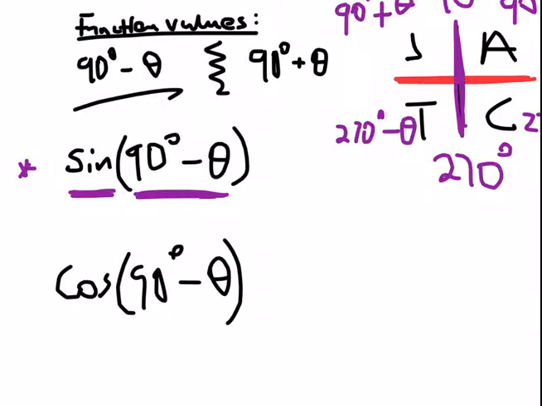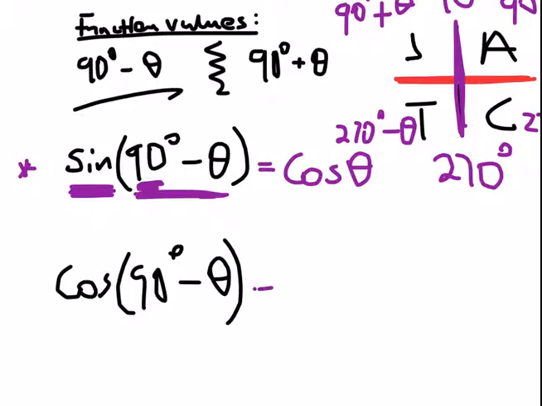It is positive, because in the first quadrant all trigonometric ratios are positive. The special thing about 90 and 270 is that it changes to cos, which means you will say positive cos of an angle. That's how you reduce it.